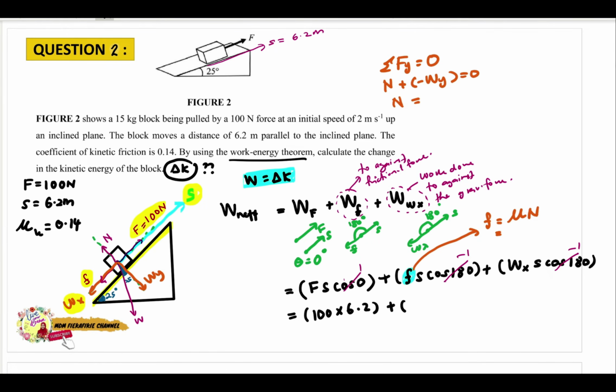So N is equal to Wy, and it is equal to mg cos 25. So we can calculate the friction, where friction is equal to mu times N, mu is 0.14, and the normal force is mg cos theta.